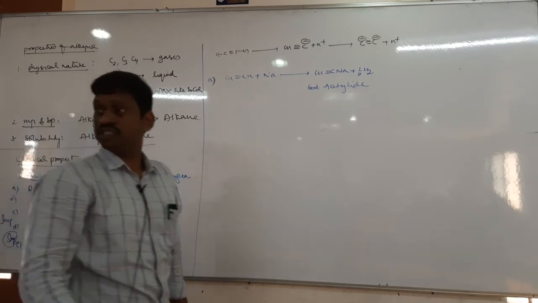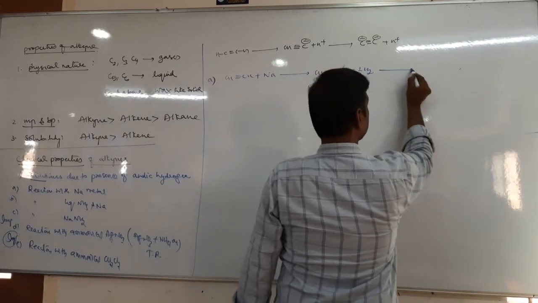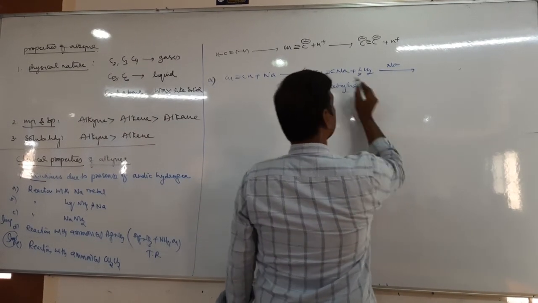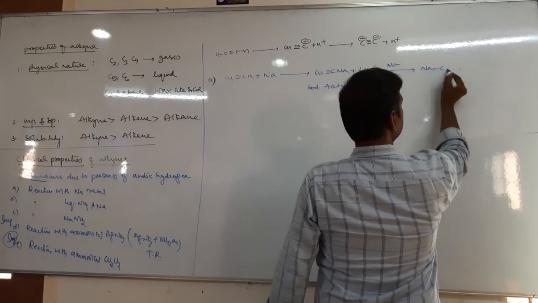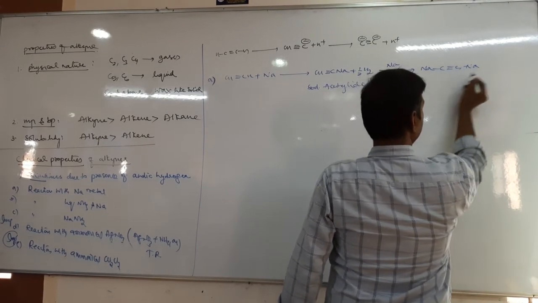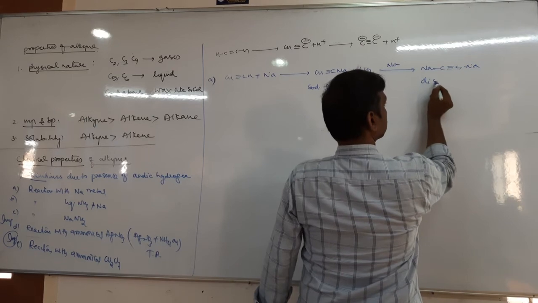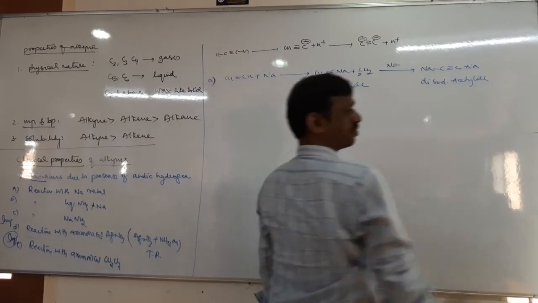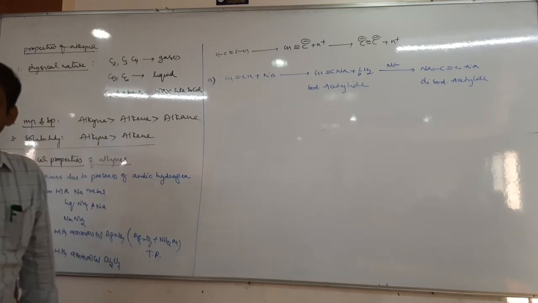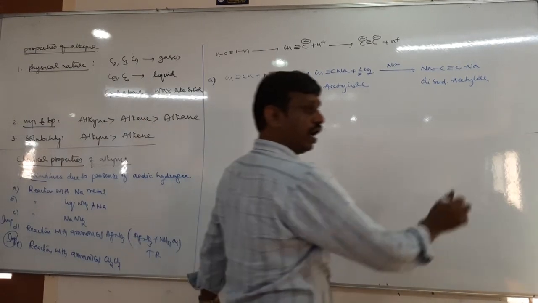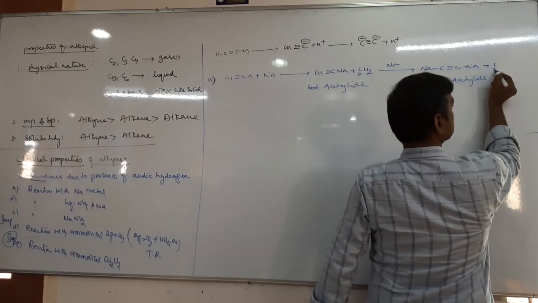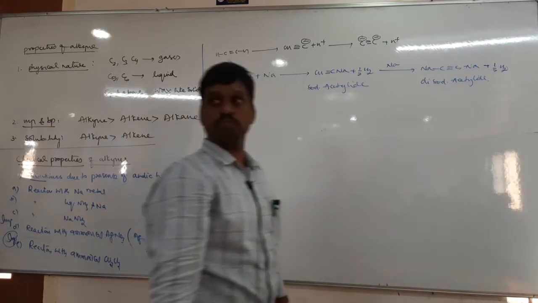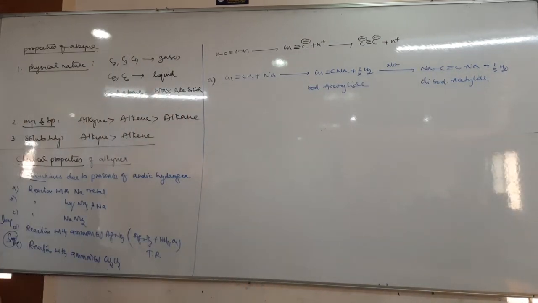This sodium acetylide further reacts with another mole of sodium metal. One more hydrogen is replaced by sodium, which is called disodium acetylide, and it also liberates hydrogen gas. Okay.